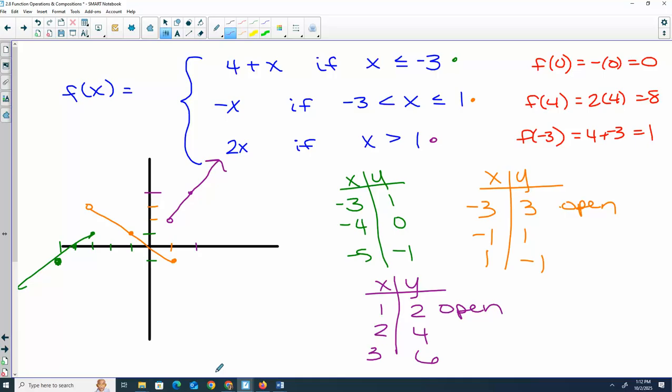Not double it. This was the first problem? Yeah, you can. One. Yeah, for one. Or two.